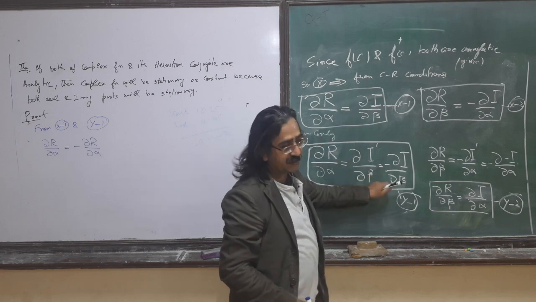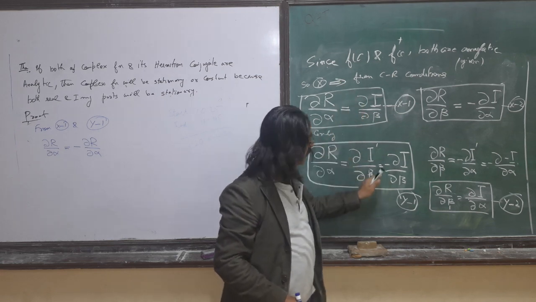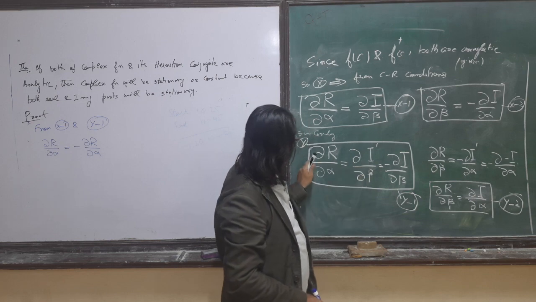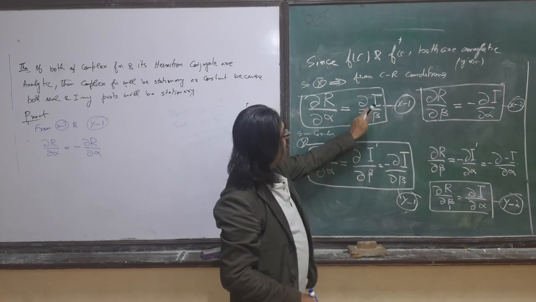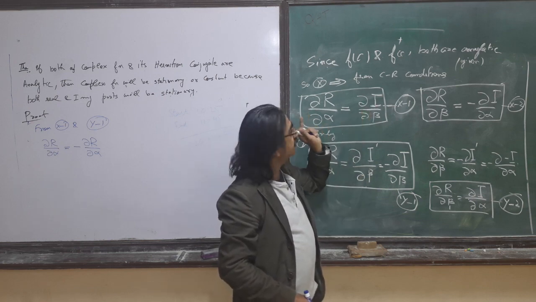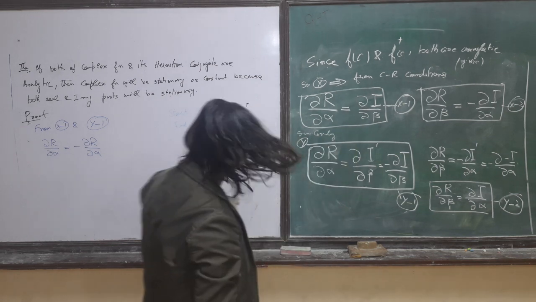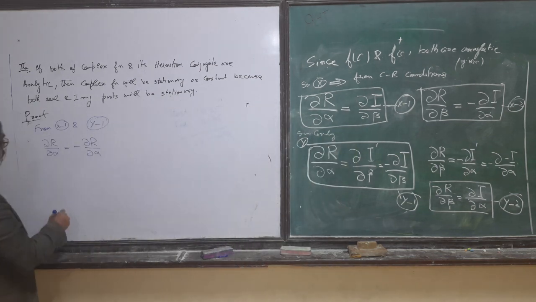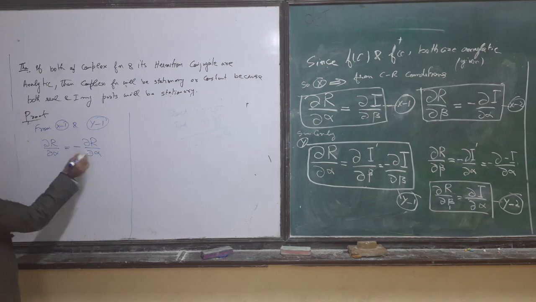Or you may put it here. Partial I over partial beta is equal to minus partial R over partial alpha. So this will be equal to minus R over alpha, and you may write this as 2 partial R over partial alpha.